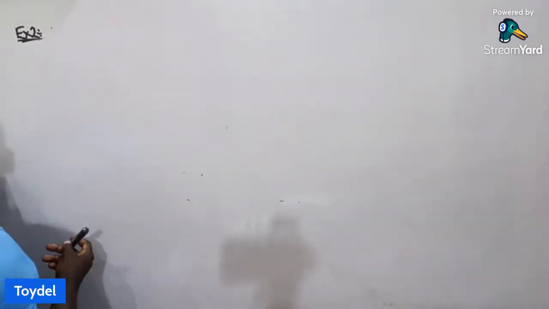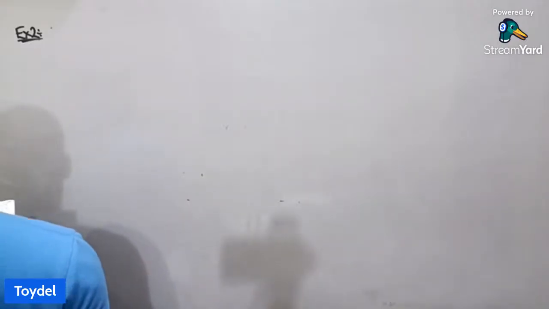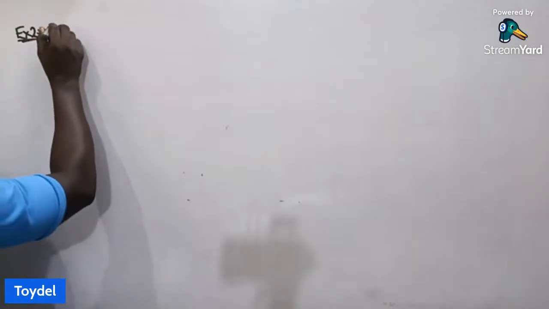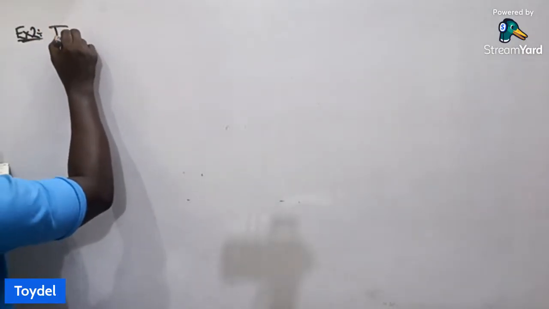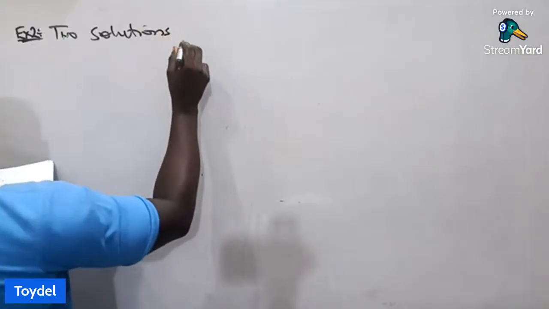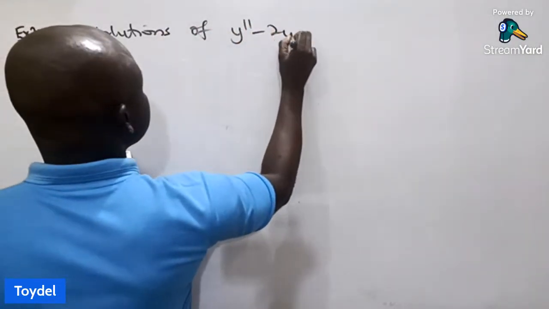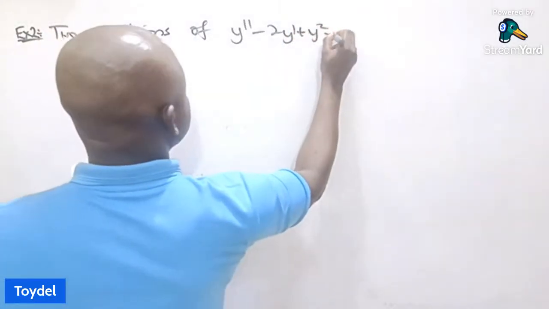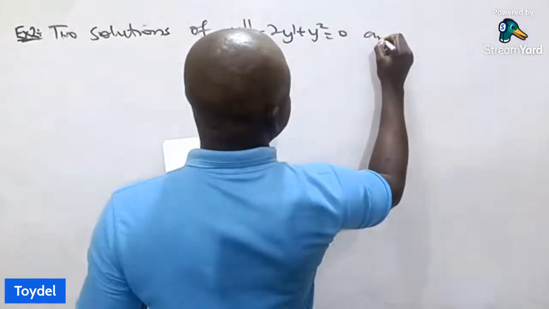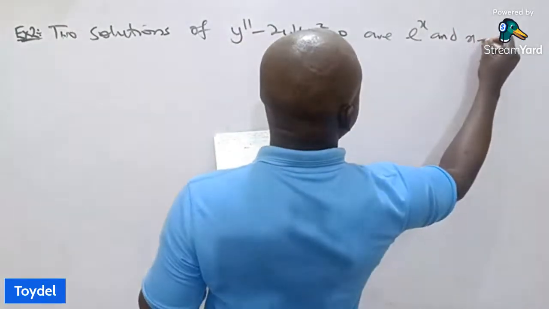So in this case now, the question says two solutions of the differential equation y double prime minus 2y prime plus y equal to 0 are e raised power x and x e raised power x.